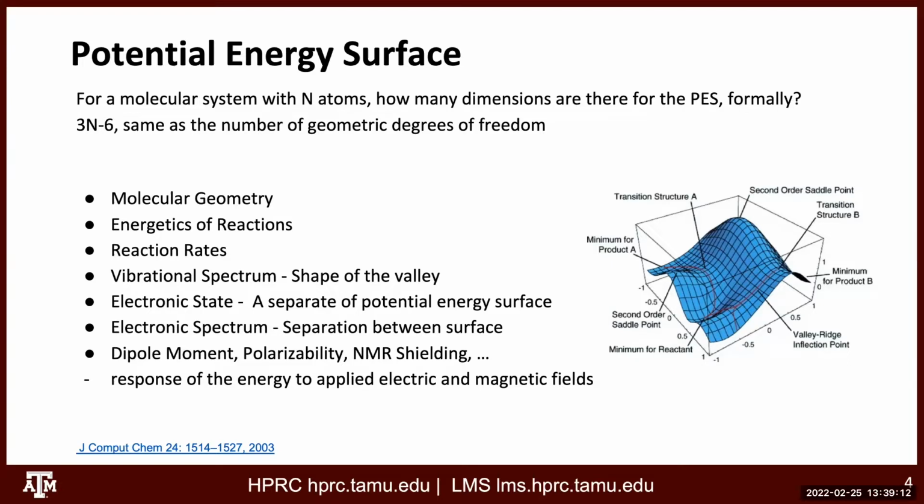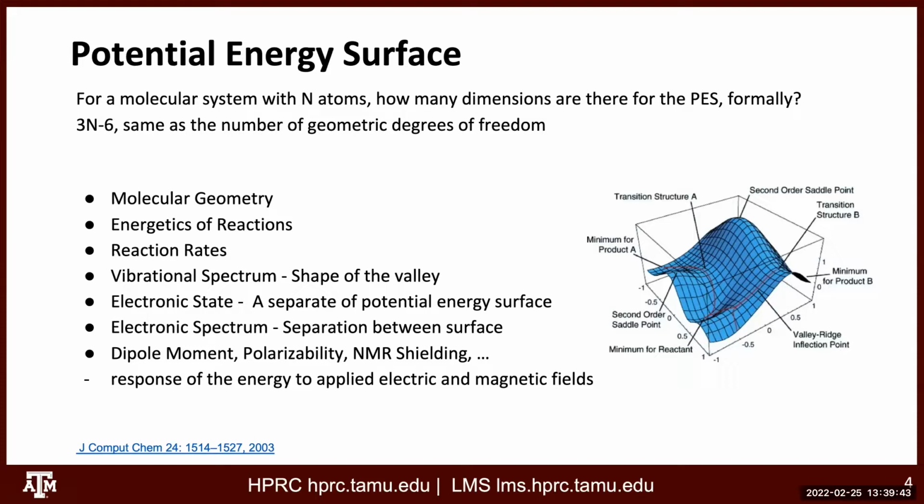You can also tell the rate of the reaction by looking at the height difference between the transition state and the valleys. If this height is very large, you have a high barrier, and the reaction is not going to proceed fast.